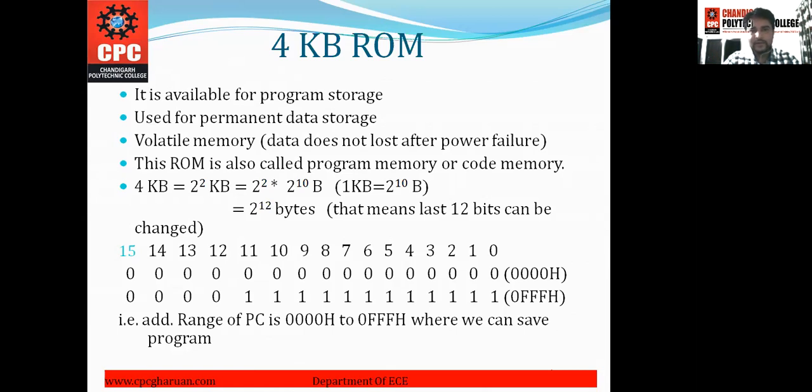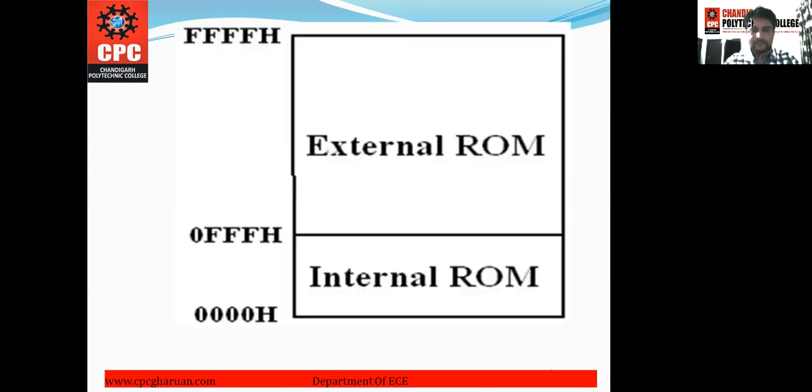And this 4 KB ROM address ranges from 0000H to 0FFFH, as you can see in this slide. That is, the address range of program counter is 0000H to 0FFFH, where we can save our program. This also shows the address range of internal and external ROM.